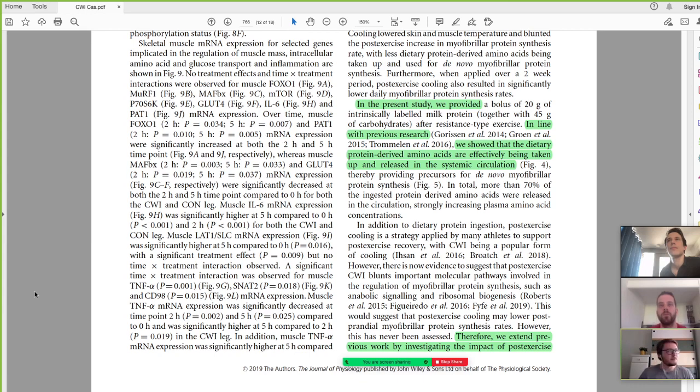So I think the first step is just to show if you drink the protein shake, does it actually get into the body, into the circulation?